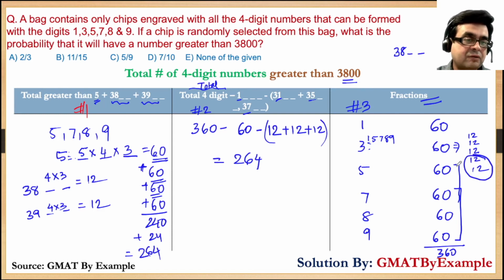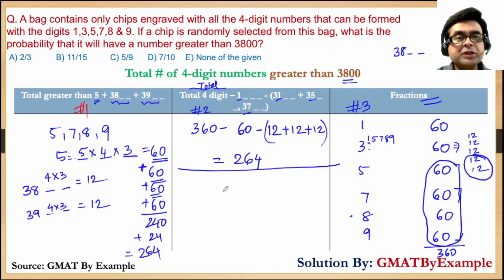Instead of calculating them individually, I would just say that this is 4 of all the numbers. So for all the numbers, the number of ways was 360. Since all the numbers were 360, the 4-digit numbers with a thousandth digit greater than or equal to 5, or 5000, would be 4 divided by 6 multiplied by 360.